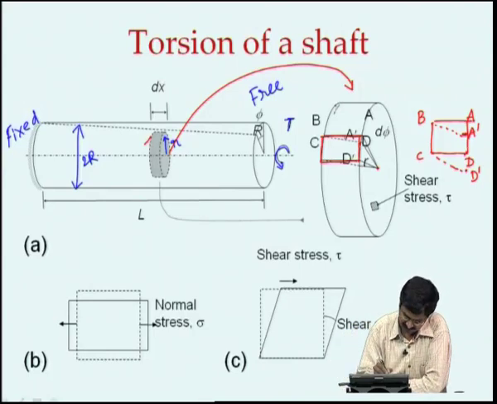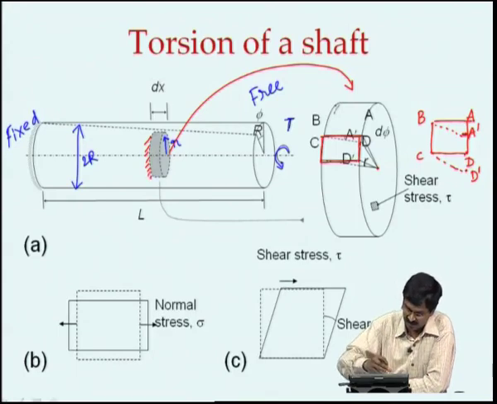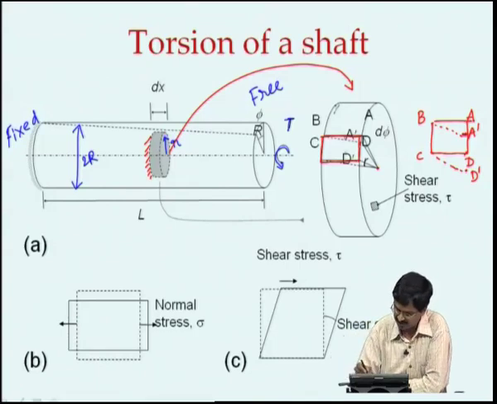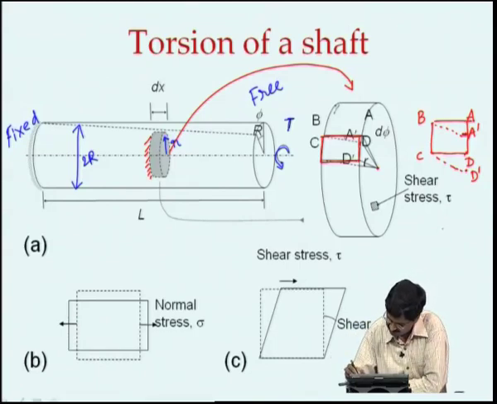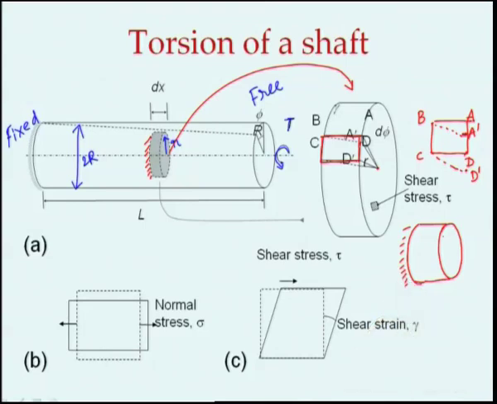Let us say the left end of this disc I keep fixed, or imagine it to be fixed. Relative to that, at a distance dx, how much does it twist? I have taken a point on the periphery; let us draw it for clarity again. If I take the disc, I assume that this end is fixed so that I can talk about relative deflection.